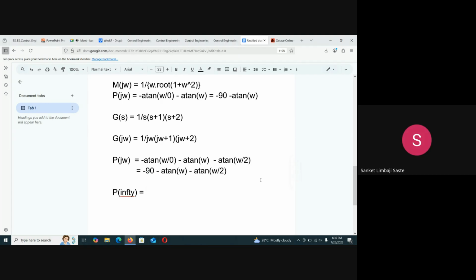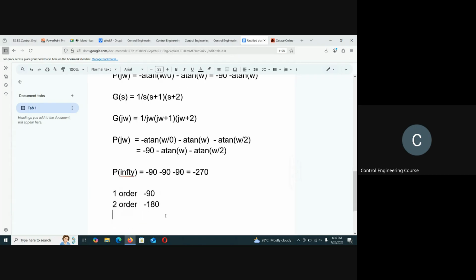So it goes to -270. For a first order system, the asymptotic phase is -90, right? For second order, where did it go? -180. Do you remember? Third order is going to -270.